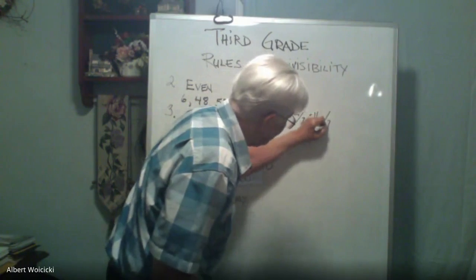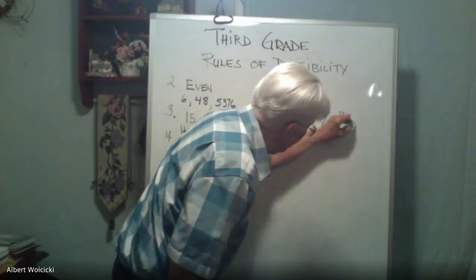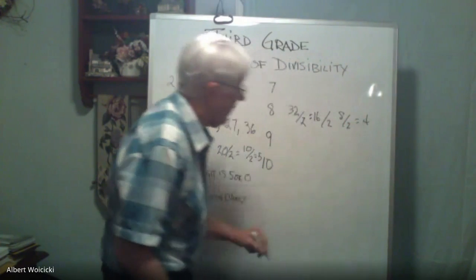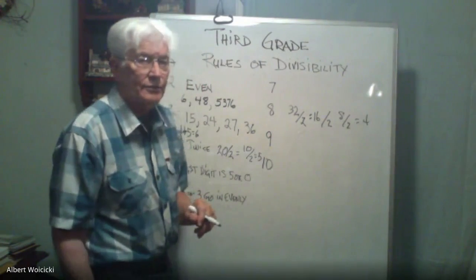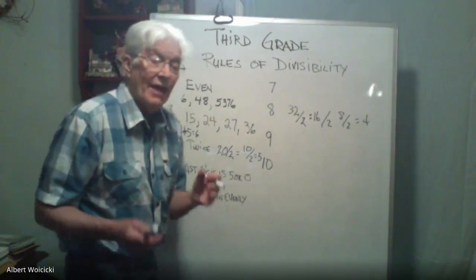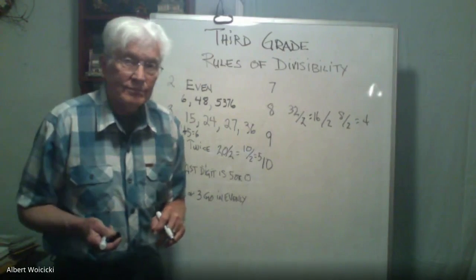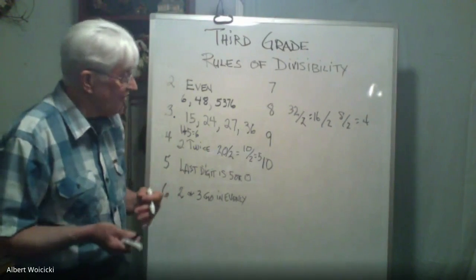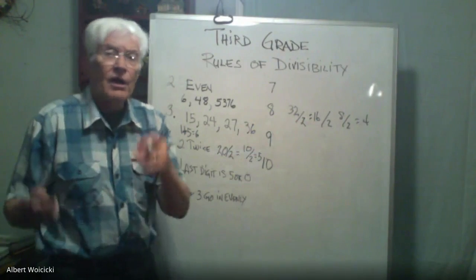That divided by 2 equals 8. That divided by 2 equals 4. So we know we have 3 2's that go into it evenly. That means it's divisible by 8.